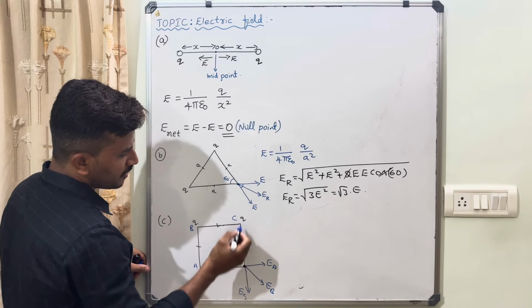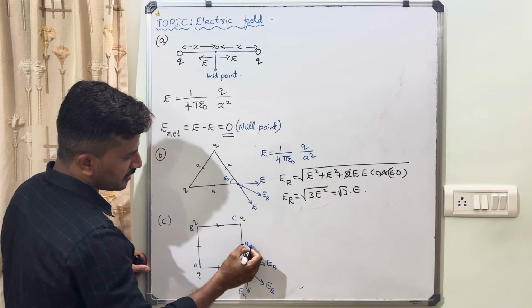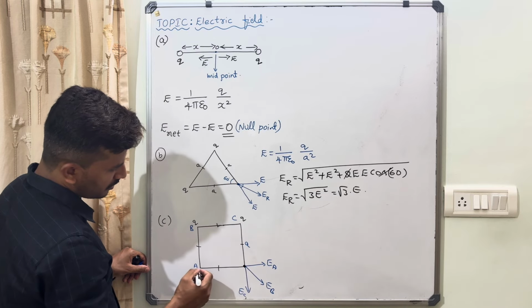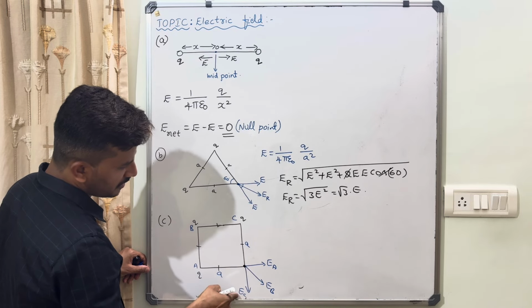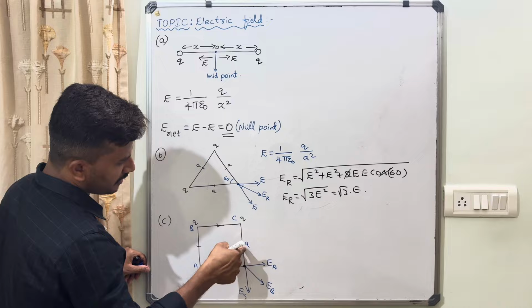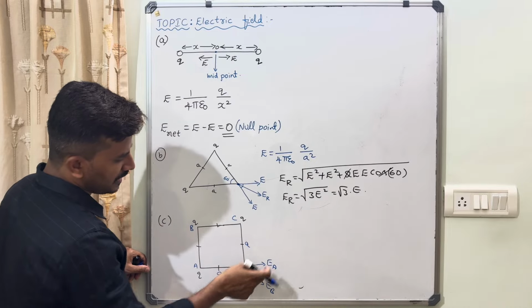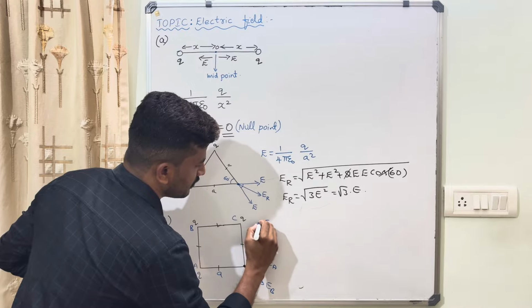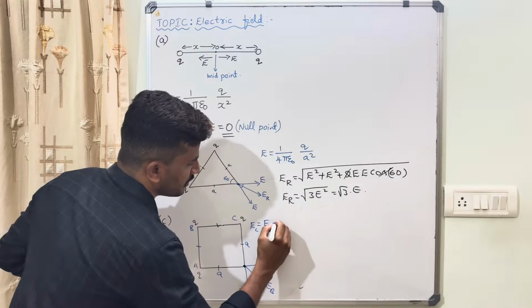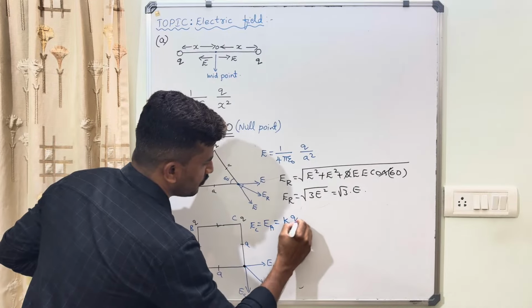For EA, the charge is Q and the distance is A. For EC, the charge is Q and the distance is A. That means EA is equal to EC, that is equal to KQ by A square.